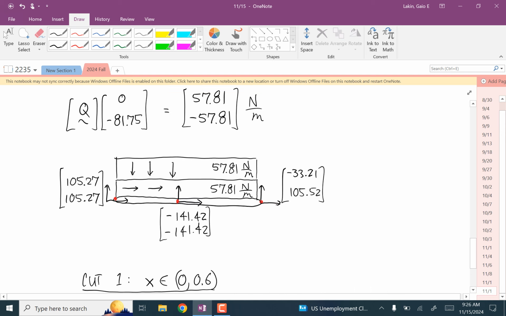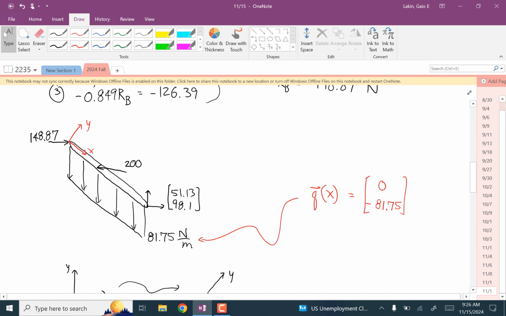That makes sense because the weight of this thing is compressing it. I guess also these two forces are tending to compress it, although they're doing other stuff too.